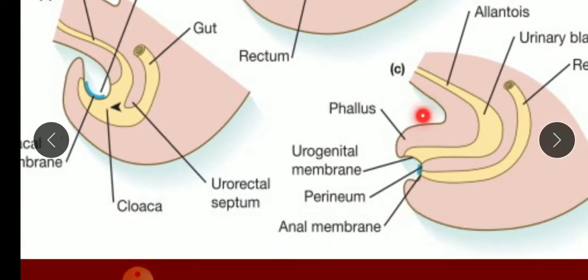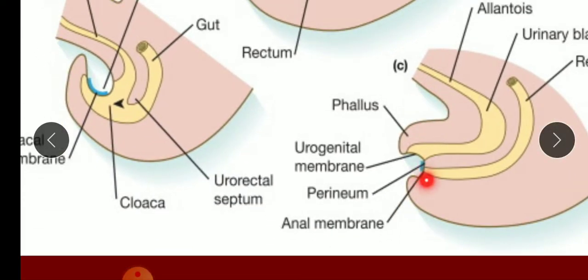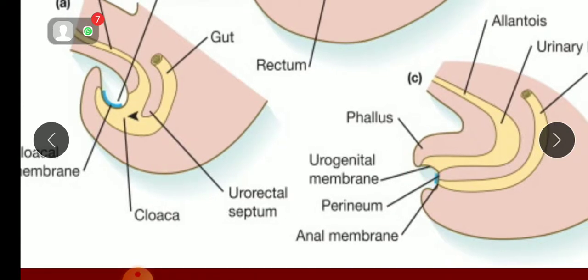The membrane which lies behind, at the primitive rectum, is termed the anal membrane, and the membrane very close to the urogenital sinus is termed the urogenital membrane. So the urorectal septum will divide the cloacal membrane into a urogenital membrane and an anal membrane.